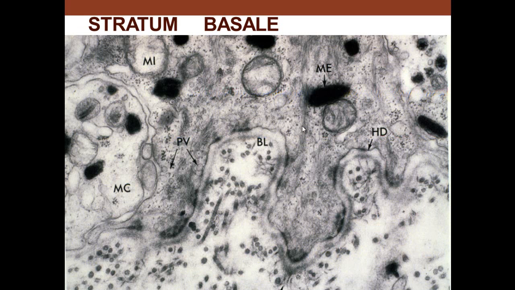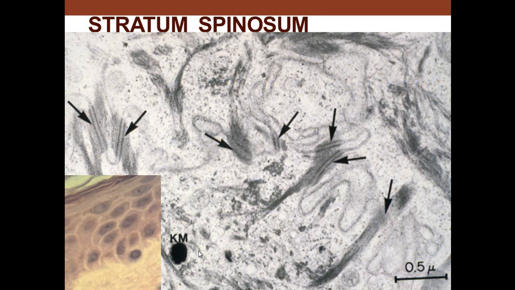So the stratum basale has these hemidesmosomes, as we mentioned before, and it has a basal lamina in through there, and a basement membrane that we see at the light microscopic level. This is collagen fibers that we see where it's interacting, attached to the collagen below.